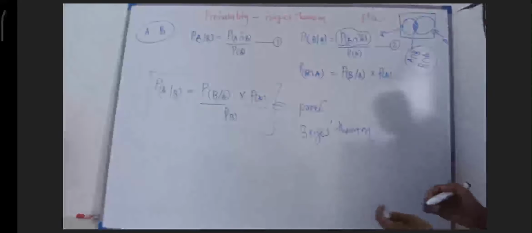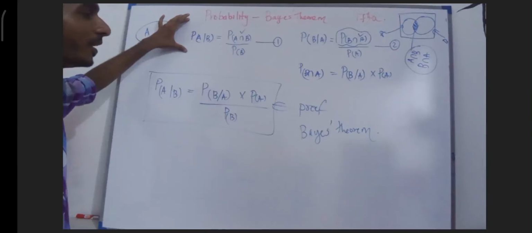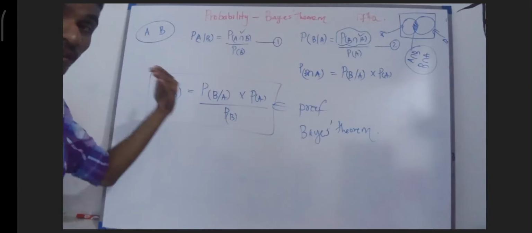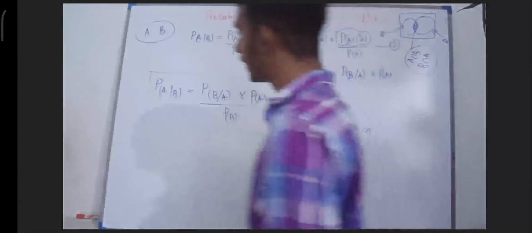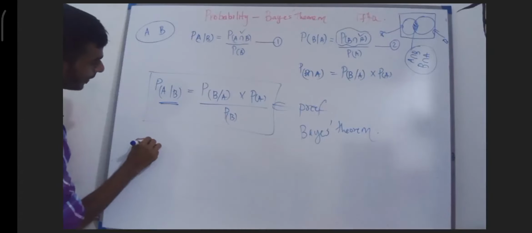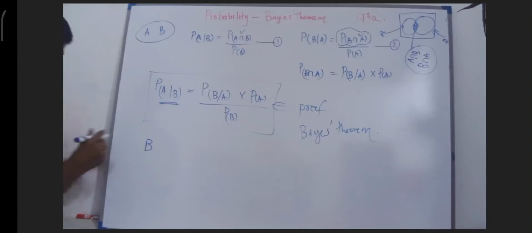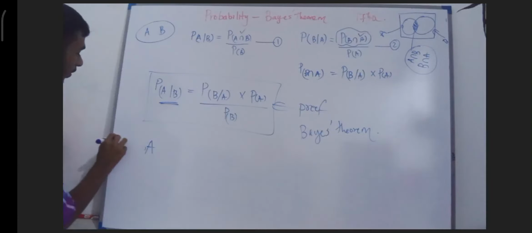So proving this Bayes theorem comes from conditional probability, and writing this equation is also very important in the examination. Let's assume we have to find the probability of A occurring when B has already occurred.